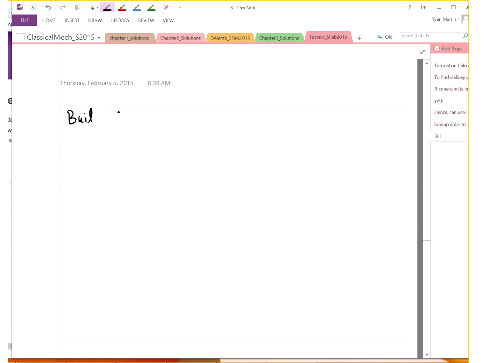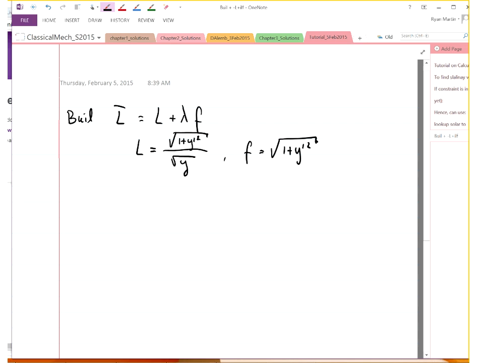So what we do in this situation, we build a new functional which is given by the original one plus lambda times f. So in this case, L was equal to square root of 1 plus y prime squared over square root of y. And f was equal to simply square root of 1 plus y prime squared.